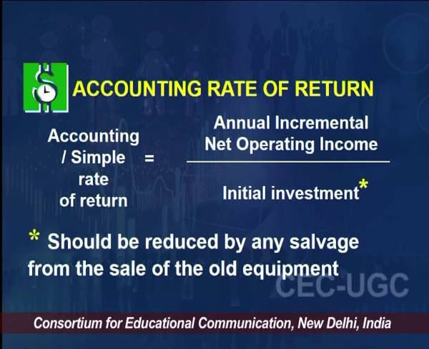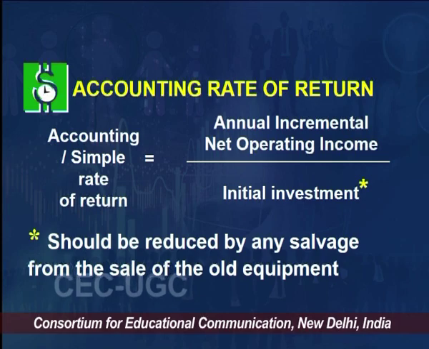Now, the initial investment is going to be reduced by the salvage from the sale of the old equipment. If I was replacing an old machine with a new one, and I have something left, a residual of the old equipment or old machinery, that is what we call salvage.